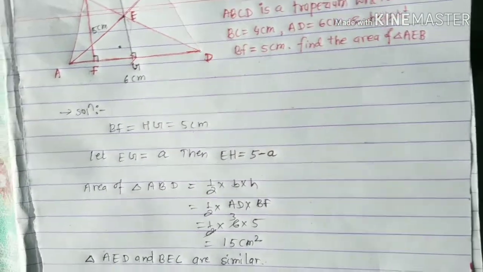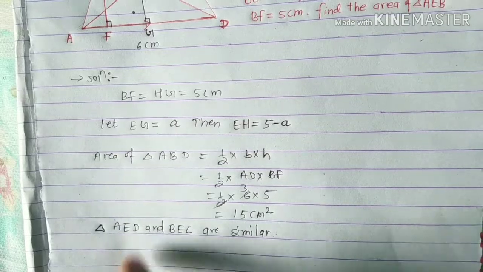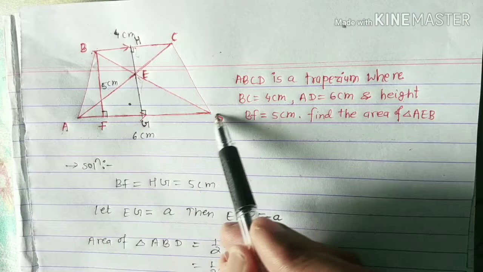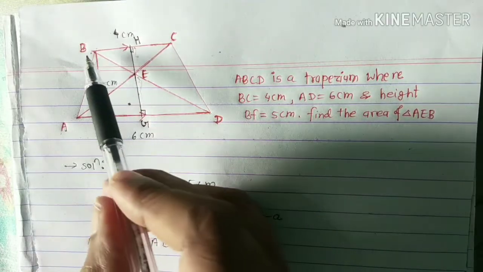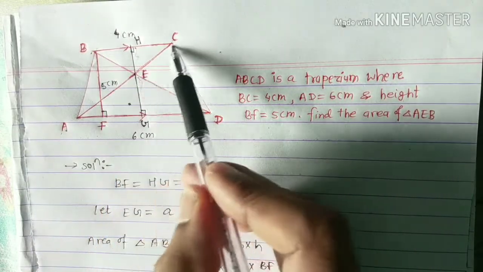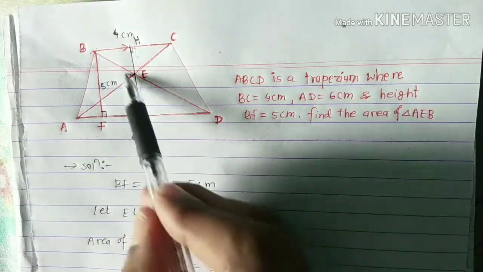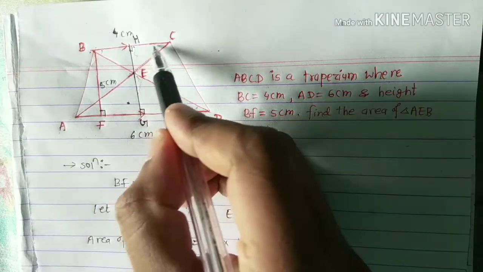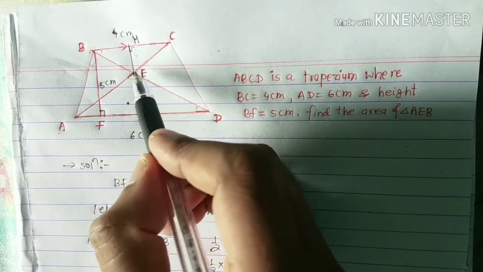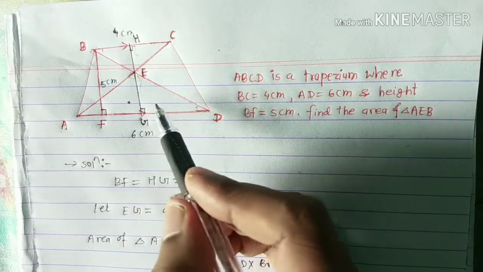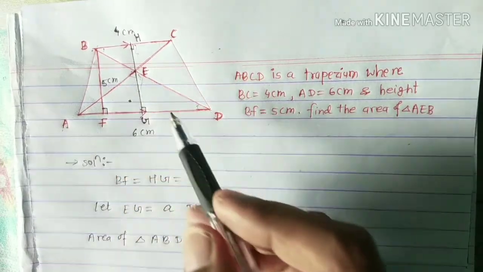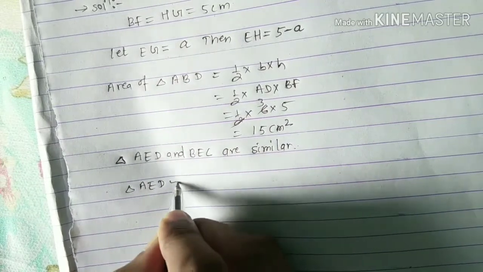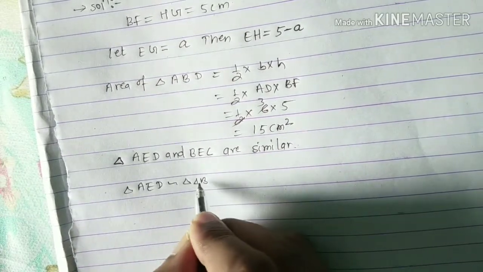As you can see in the figure, triangle AED and triangle BEC are similar, because this angle is equal to this angle, this angle is equal to this angle, and this angle is equal to this angle. So their corresponding angles are equal, therefore these two triangles are similar. So we can write here triangle AED is similar to triangle BEC.